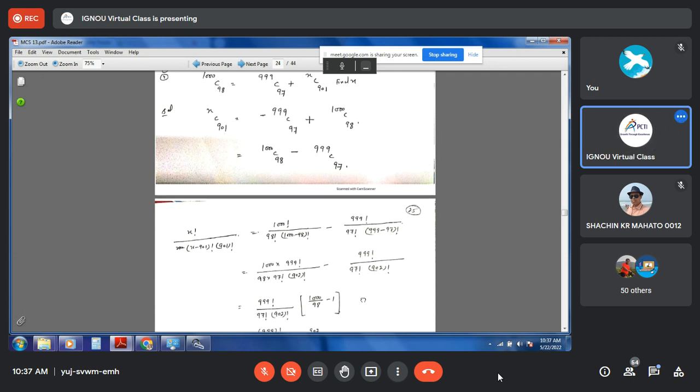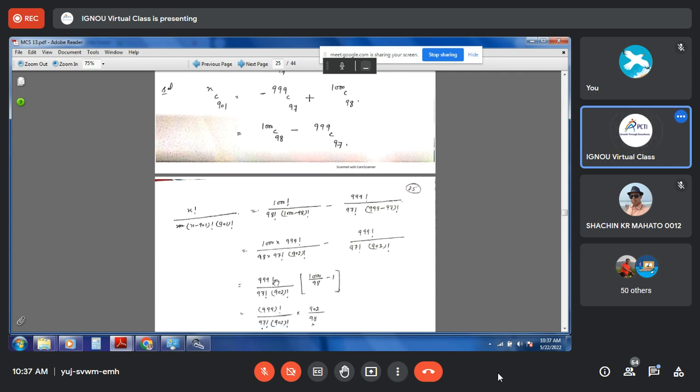From both, we take 999 factorial, 97 factorial, and 902 factorial as common from both sides. So in the bracket, what is left is 1000 divided by 98 minus 1, that is equal to 999 factorial divided by 97 factorial.